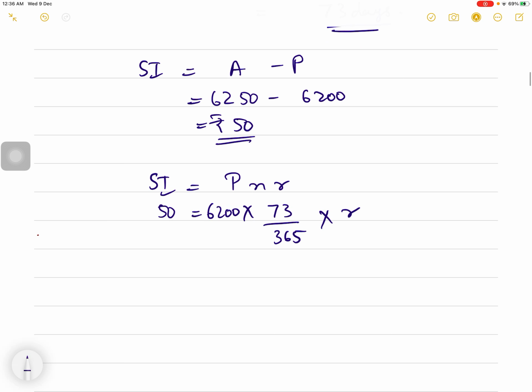You don't know R. So R is equal to 50 into 365 upon 6,200 into 73.